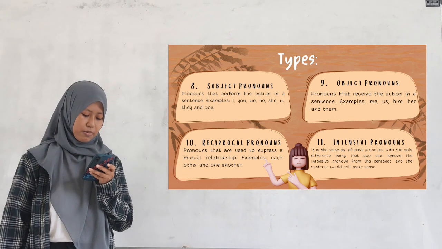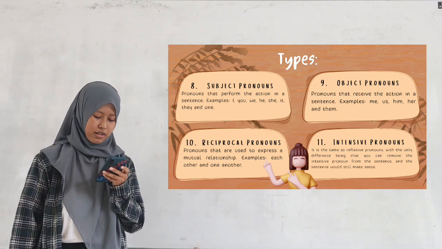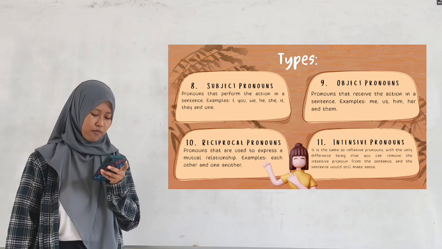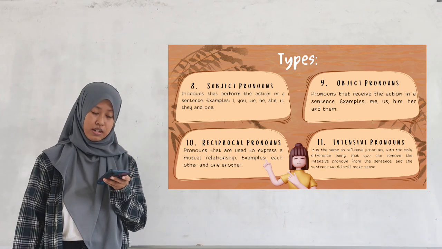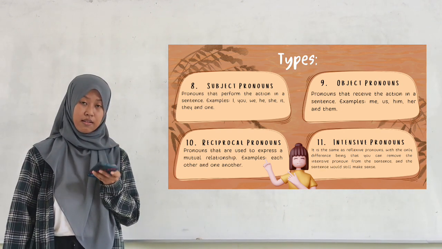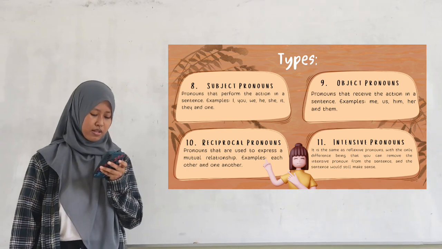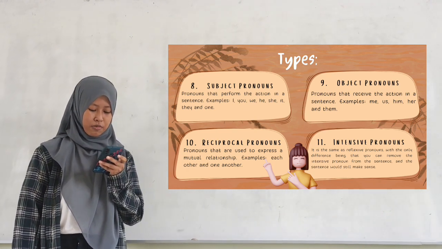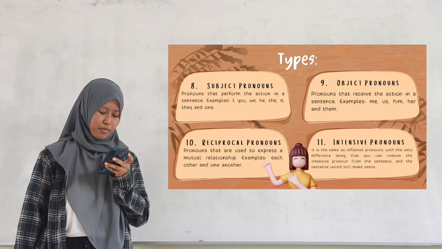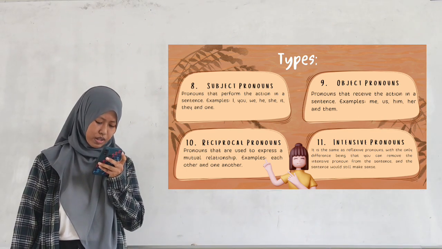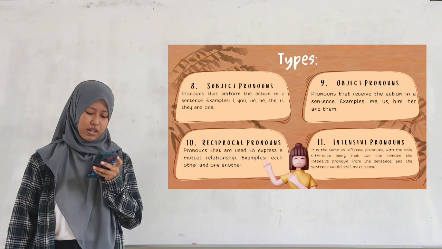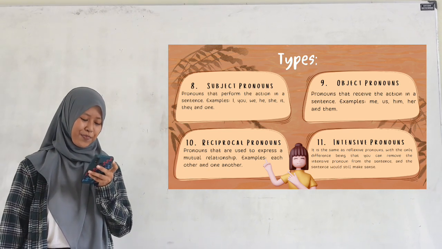The ninth one, object pronouns are pronouns that receive the action in a sentence. Some examples are me, us, him, her, and them. The tenth, reciprocal pronouns are pronouns that are used to express a mutual relationship. Some examples are each other and one another.